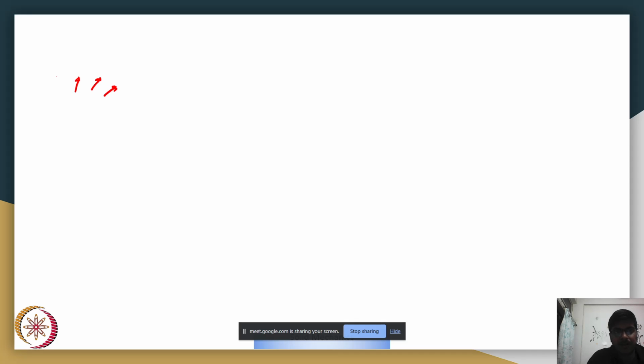I'm just drawing a random representation. We'll be calling it conservative if, whether we are moving from point A to point B, the path integral from point A to point B is independent of the path, right?